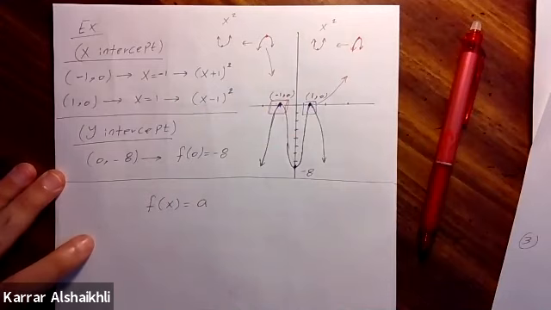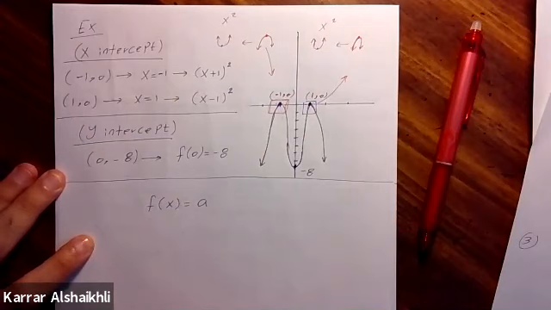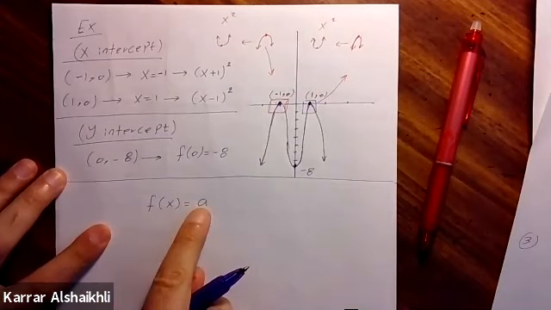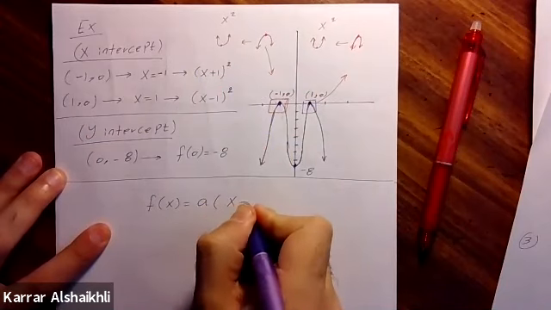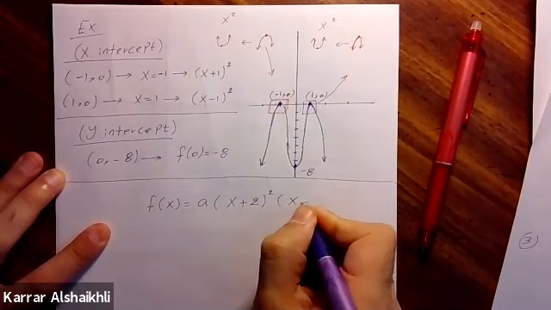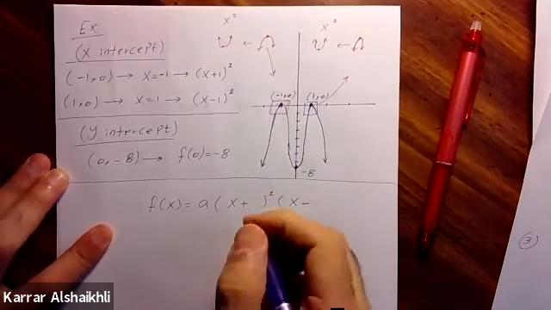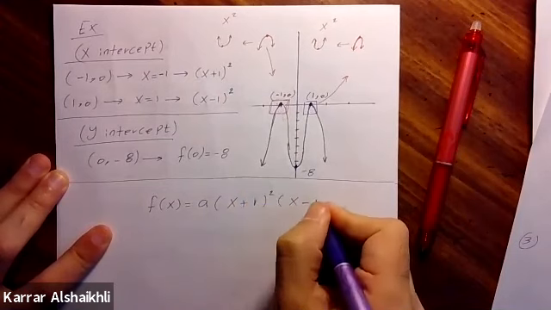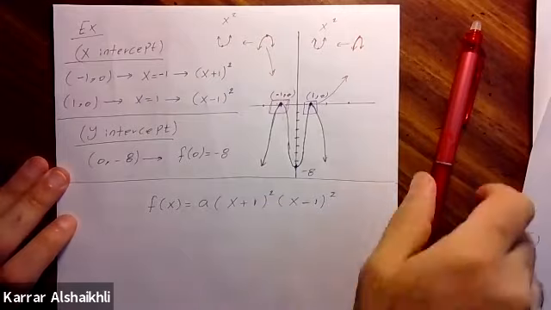This is really important. So now, when I write down the general form for the polynomial function f of x equals a, I'm going to write these with the squares: x plus 1 squared and x minus 1 squared. I'm done with the squares now.